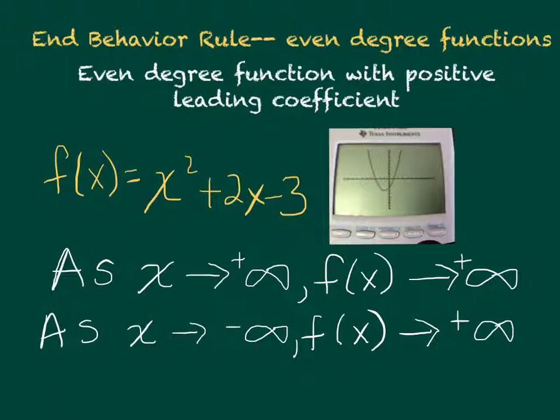The idea with end behavior is, since we're talking about the degree of the function, the other exponents, for example this exponent of 1 or this coefficient, have very little impact on values that are very large. So if we were putting in a value of 3, the 2 times the 3 is very close to the x squared.